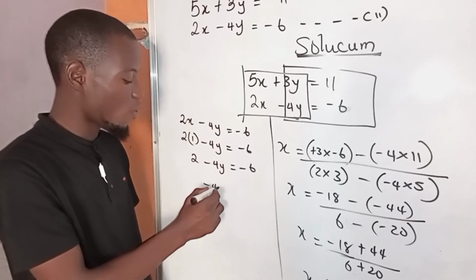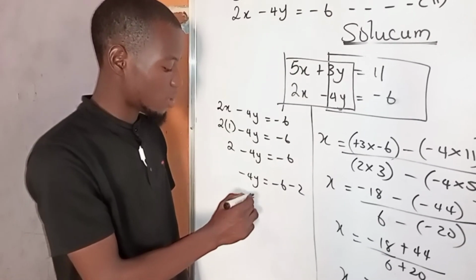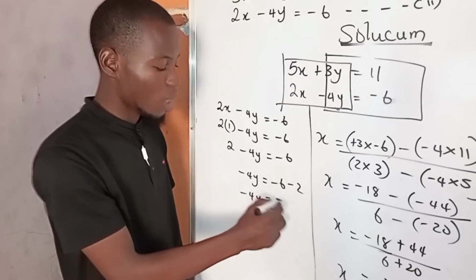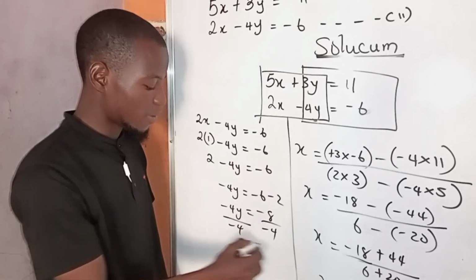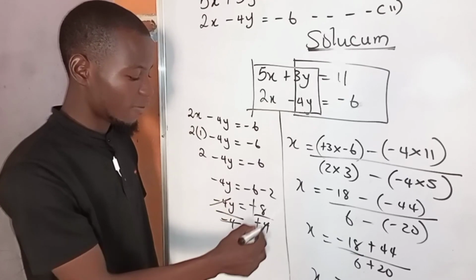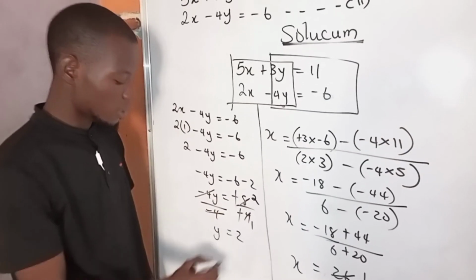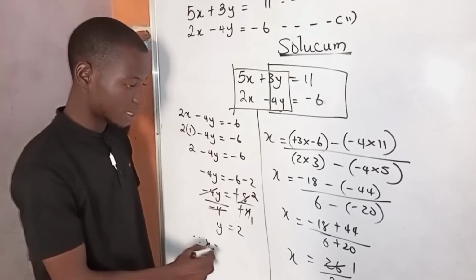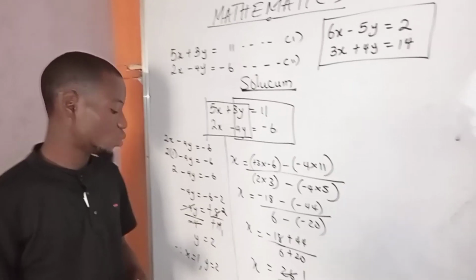So it becomes minus 4y equals to minus 6 minus 2. That will give us minus 4y equals to minus 8. Divide both sides by minus 4, minus 4. This cancels this. Then y equals to, this cancels this, 4 here 1, 4 here 2. Therefore, our x equals to 1, our y equals to 2.